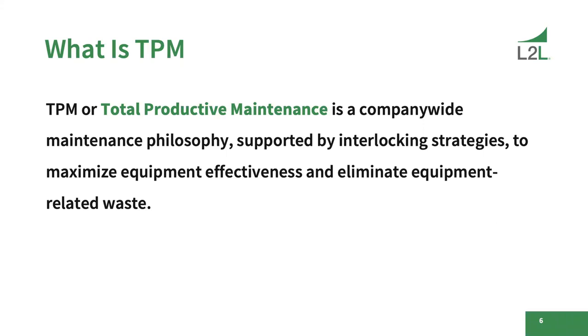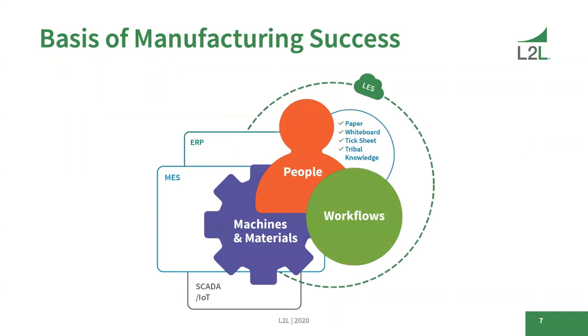There's a lot that goes into this when you actually do that, right? So we use this slide a lot when we try to explain what Leading to Lean does and how it interacts with all the other systems you may have in your plant. But you're going to notice something very telling here: the main things that we deal with inside of Leading to Lean are the people, the workflows, the machines and the materials.